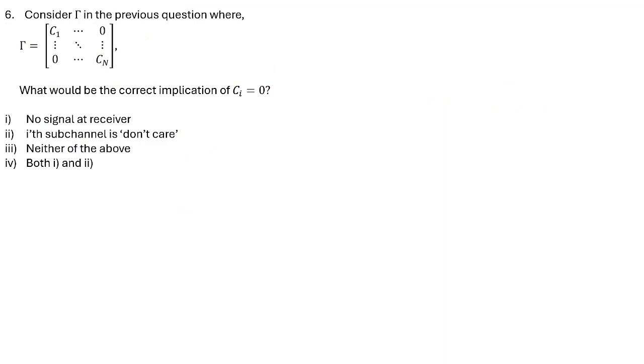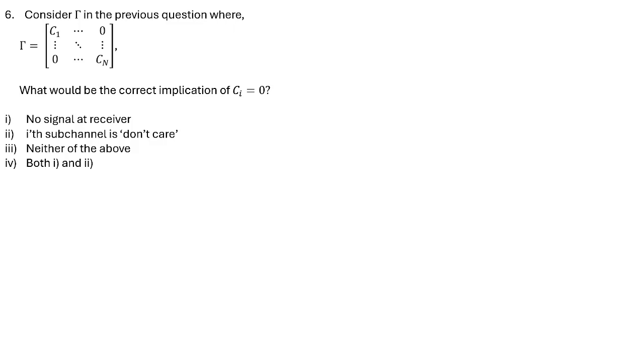Let us move to our sixth question here. You are given the structure of the diagonal matrix capital gamma here, where C1 up to Cn correspond to channel tap coefficients.